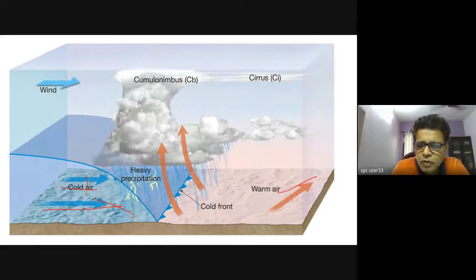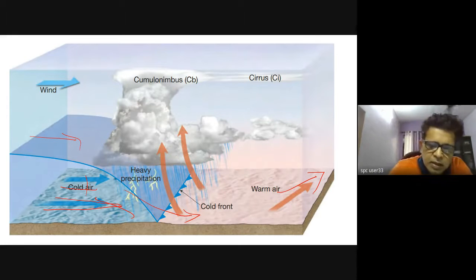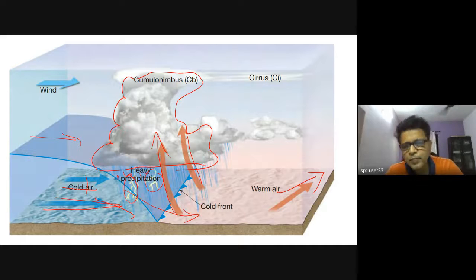The warm front is moving in this particular way, but then the cold front comes, it overrides, and it pushes itself down the warm front, and as a consequence, the tail part of it tends to be pushed up. And in this pushing up, it leads to the formation of cumulonimbus clouds, and these are going to cause not only heavy precipitation, you're going to have lightning also here.